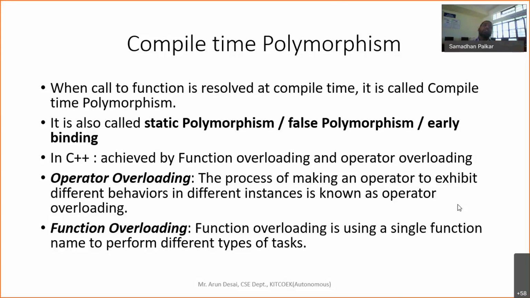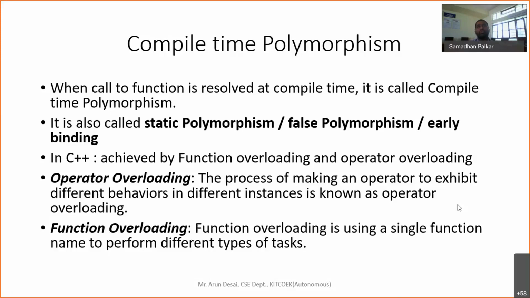Say, for example, you have an operator called plus. The plus operator is used to add two values. But by your function, you can use that operator to concatenate strings. So the plus operator is used for a different behavior called string concatenation. That is operator overloading.